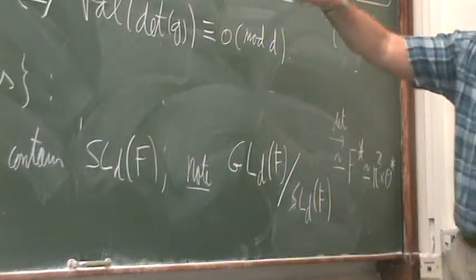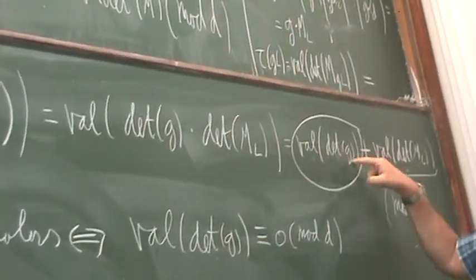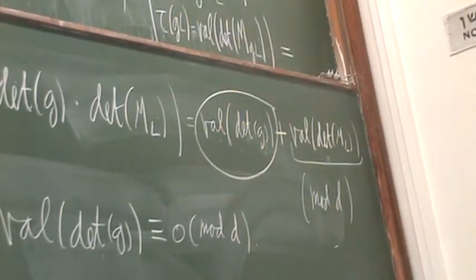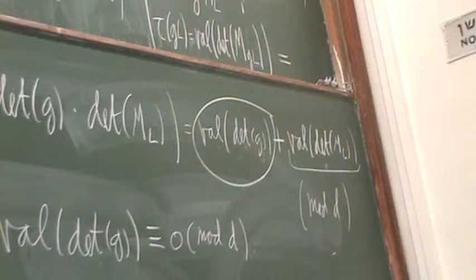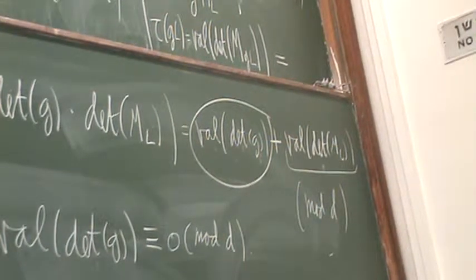If the valuation of the determinant of G is 3, then the action on the colors is always by pushing them by 3. You take a vertex of color I to a vertex of color I plus 3. It's not acting as an arbitrary permutation on the colors.